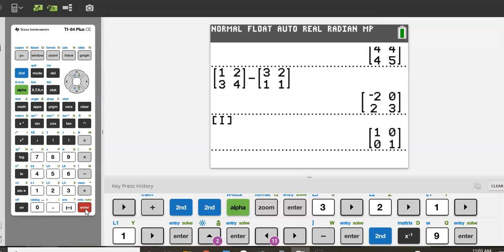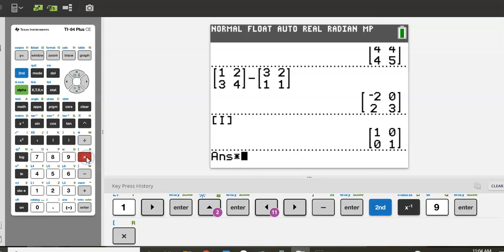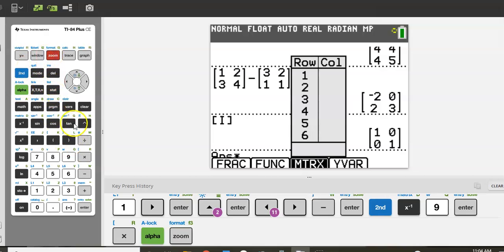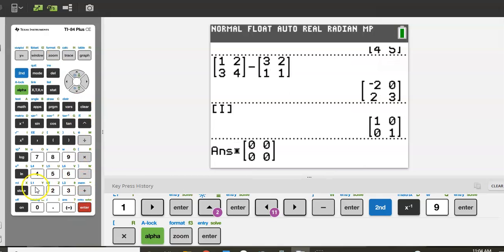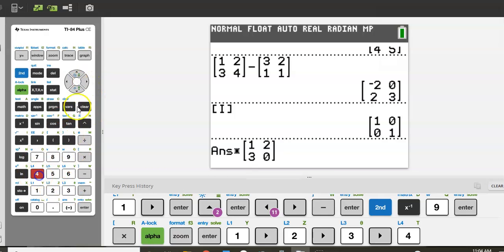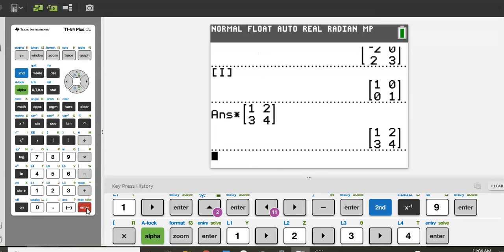So maybe I'll take my 1, 2, 3, 4 matrix, and multiply it on my calculator. I'm going to take the identity matrix and multiply it by a 2 by 2 matrix of 1, 2, 3, 4, just to prove it to myself that my calculator knows how to do a matrix multiplication, and get an answer of 1, 2, 3, 4.